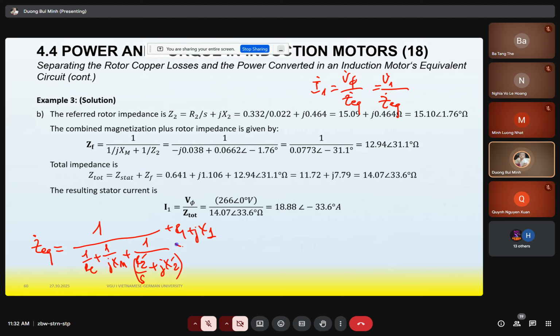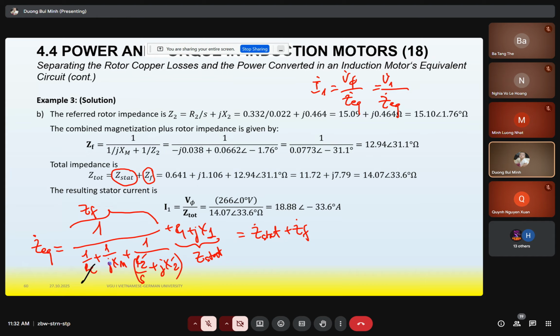We say this one is Z stator and this one is ZF, so we get Z stator plus ZF.